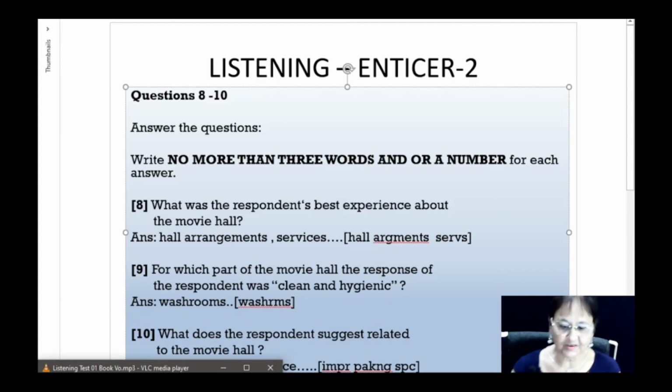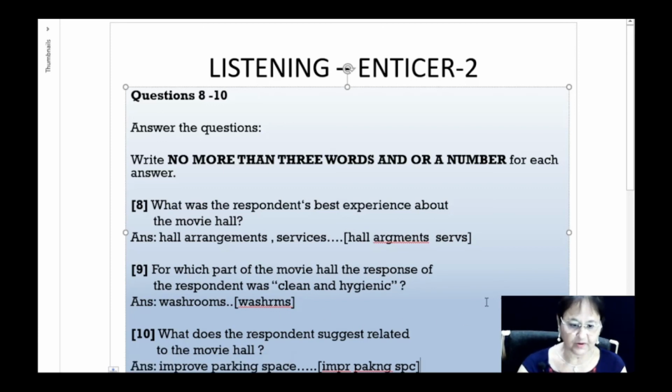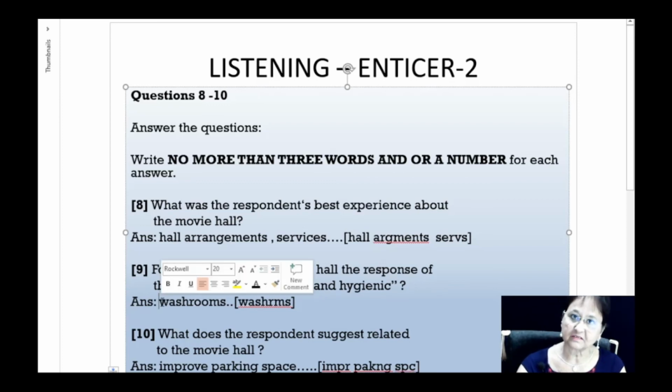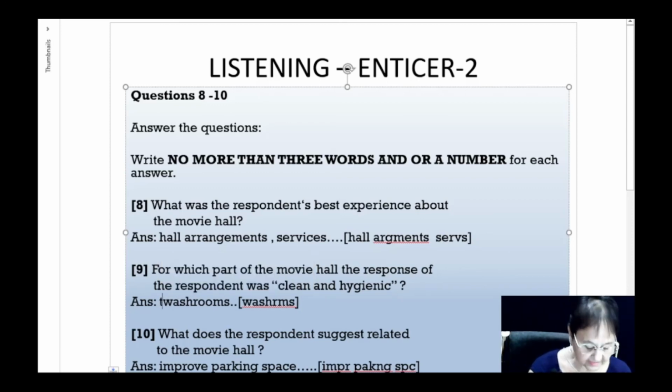So that was quite, not very difficult, I would say. But at the same time, you have to make sure that you do give the answer in 3 words. Now, if you're talking about the 9th one, I think we can add one more word here. We can say the washrooms. That will enhance it.